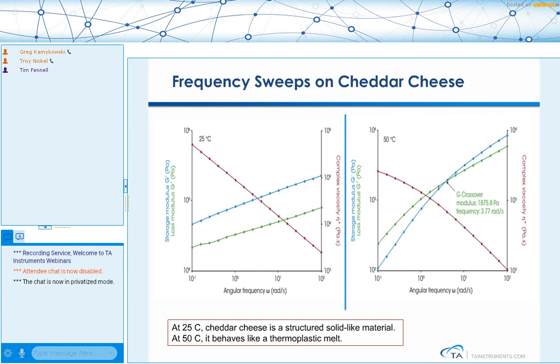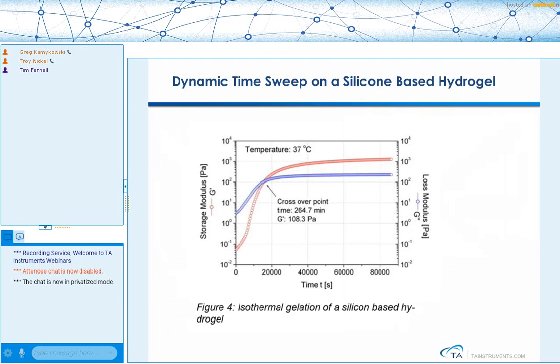In this situation, we do see this crossover point, and many times it is useful to note what that is. We'll note both the frequency and the modulus and use that as some kind of a reference point for characterizing our materials.